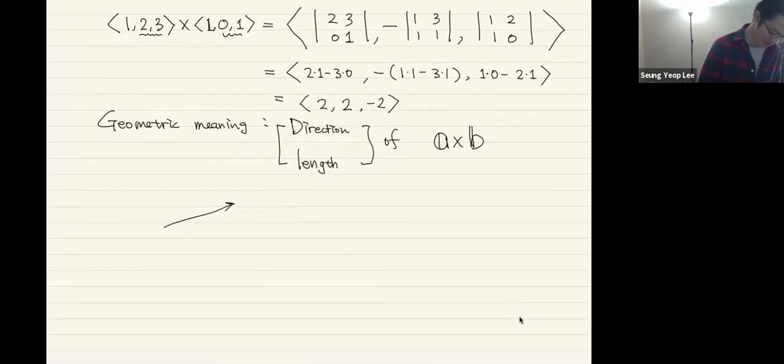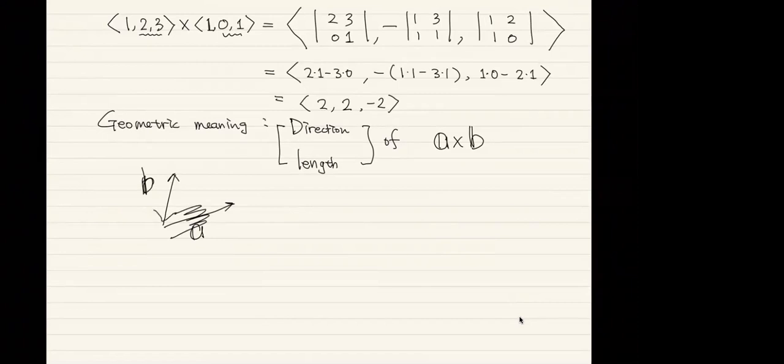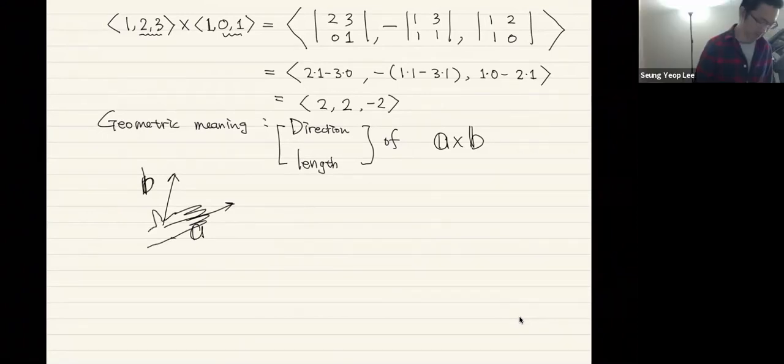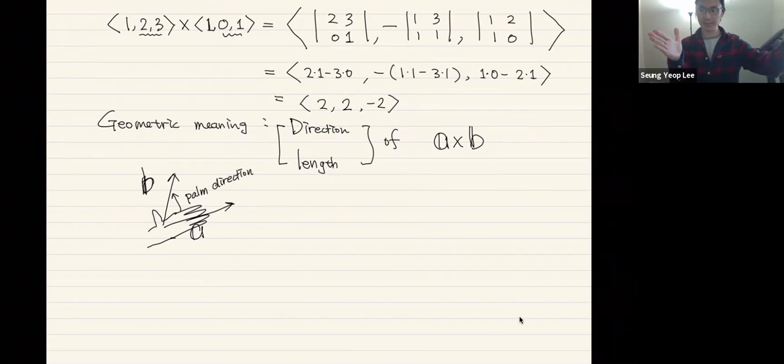If we have vector A and vector B over here, then we put our forefinger along vector A such that the palm is towards vector B. Vector A to the forefinger, palm towards vector B. Then the direction of the thumb is the direction of A cross B.